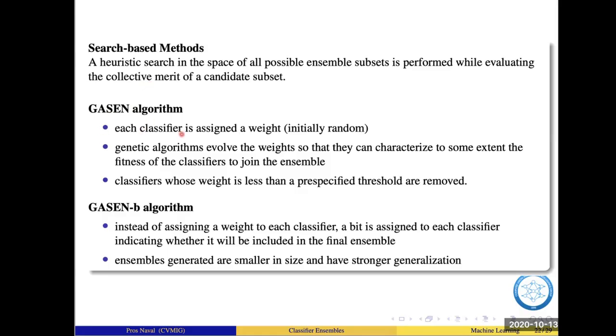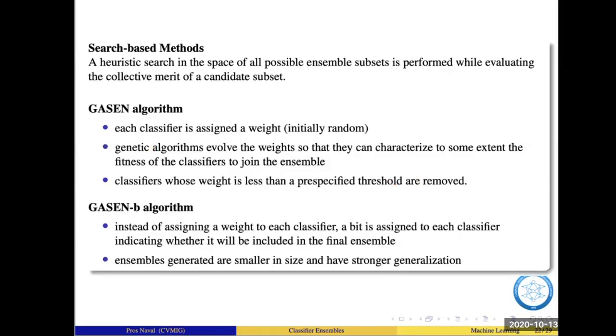So each classifier is assigned a weight, initially a random value. Then genetic algorithms evolve the weights so that they can characterize to some extent the fitness of the classifiers to join the ensemble. Then finally, classifiers whose weight is less than a pre-specified threshold are removed.